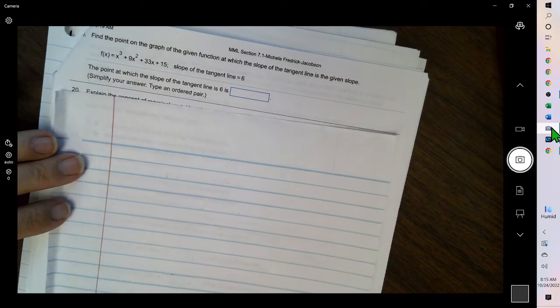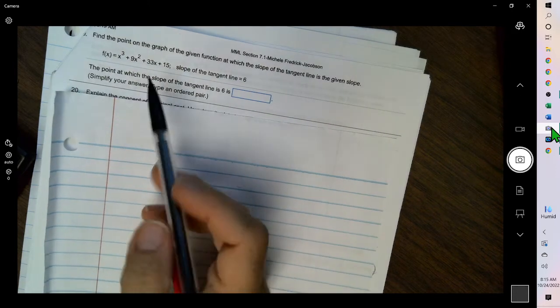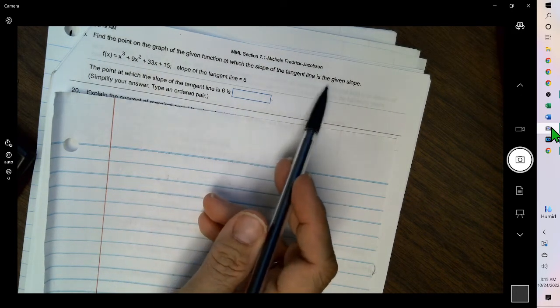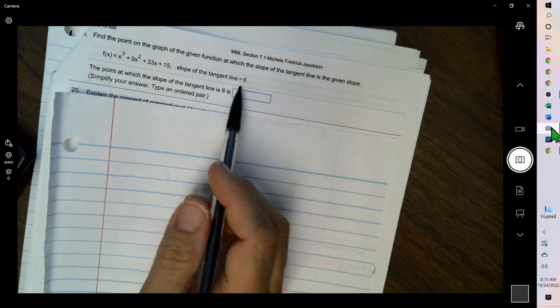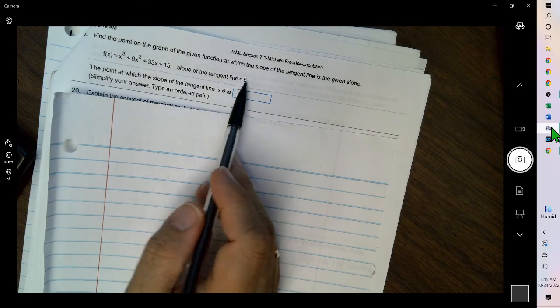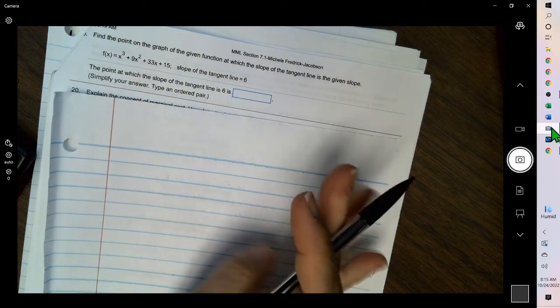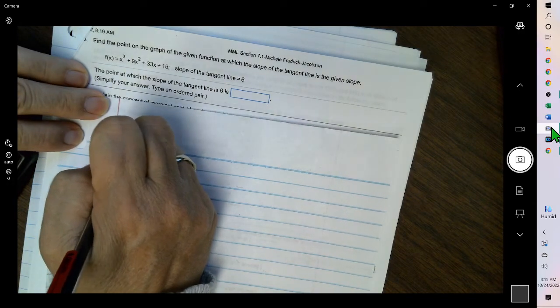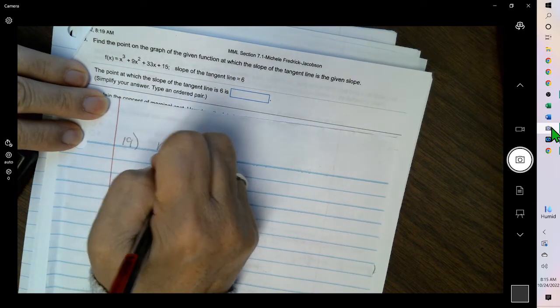This is similar to one that we did. So find the point on the graph of the given function at which the slope of the tangent line is the given value. So instead of the slope of the tangent line being 0, it's 6. So you take the derivative, set it equal to 6. So our slope, this is number 19, is the derivative.